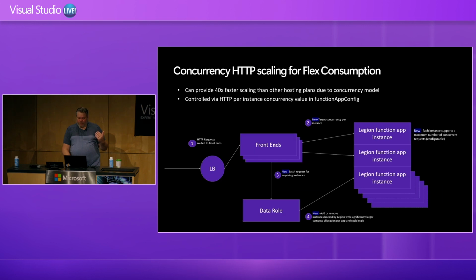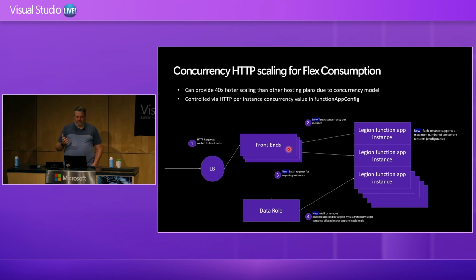And if we look at Flex Consumption, there are some changes that we've made to make sure that it scales very fast for HTTP, and we spent a lot of time making sure that HTTP scalability was a big thing for Flex Consumption. Those front ends now know the concurrency that was set for the app, so the default of 16 for the 2 gig size on a C# app, for example.